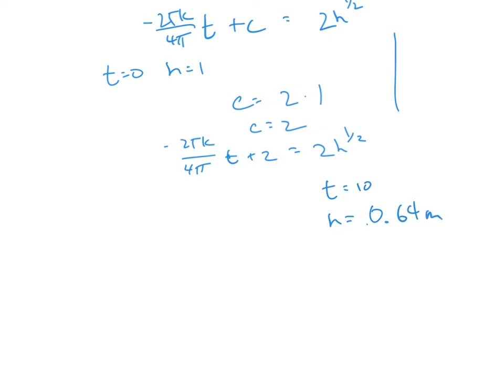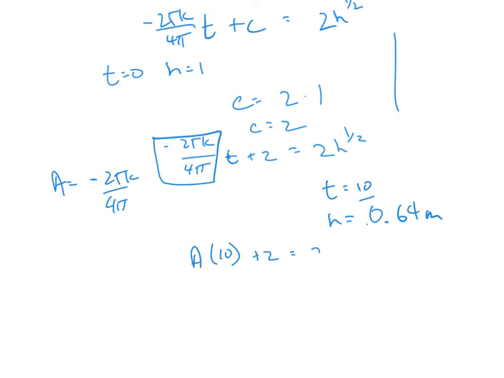Plugging these values in, the other thing I'm going to do is this whole thing here is just a constant. So I'm going to just let a be negative 25k over 4 pi. A constant's a constant's a constant. I don't need to know the actual value of k because it doesn't ask me for that. So then I can say that a times 10 plus 2 is equal to 2 times 0.64 to the 1/2.